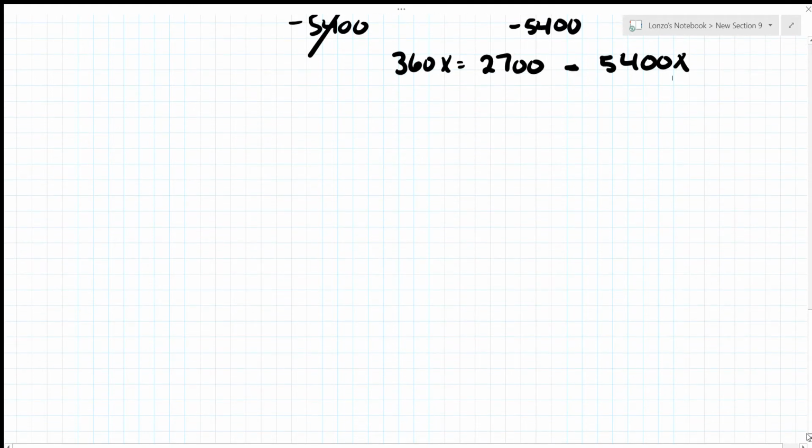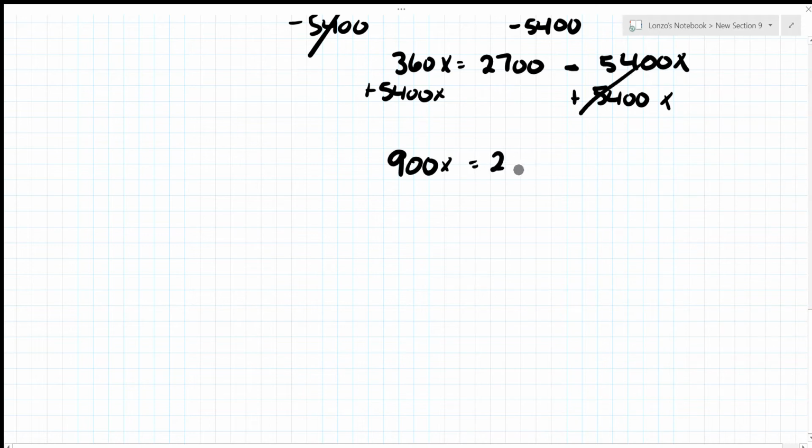So what do I have to do? Let's move that 5400x to the left, so I'm going to add 5400x. So I get 900x. So that cancels. 900x equals 2700.